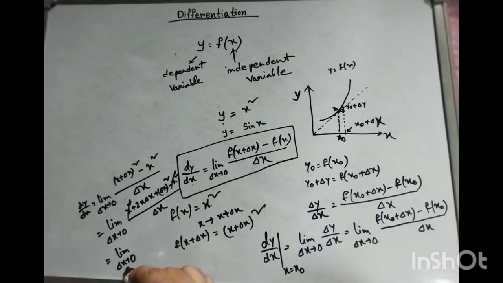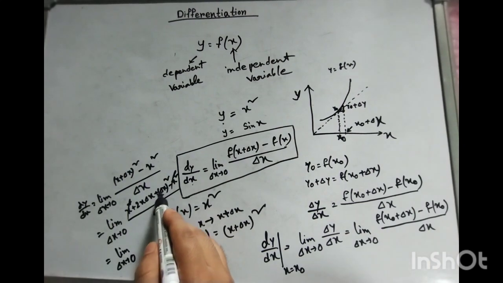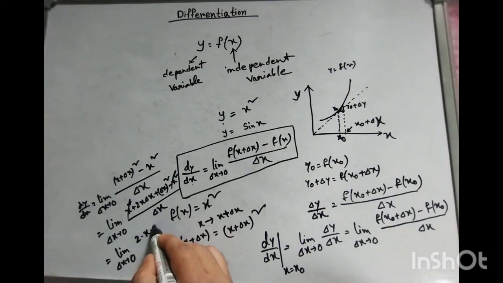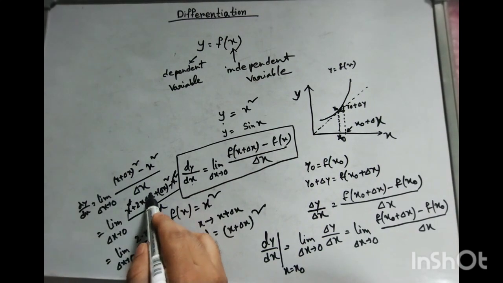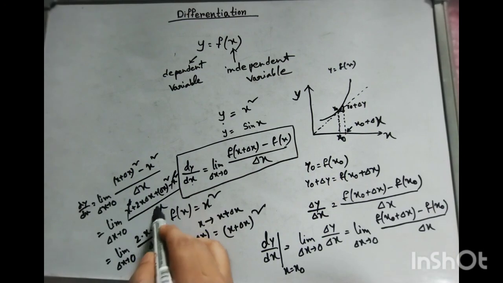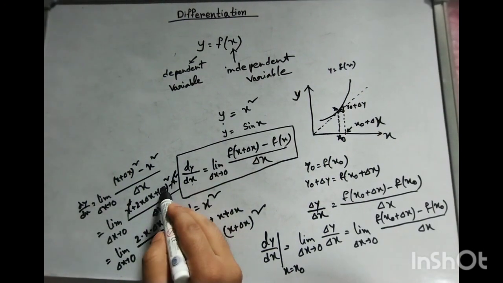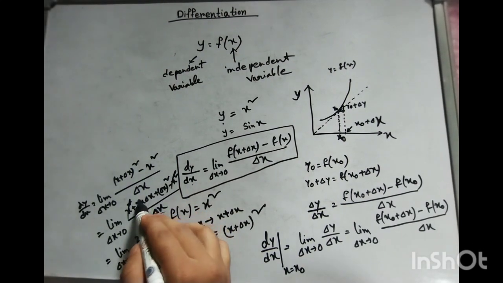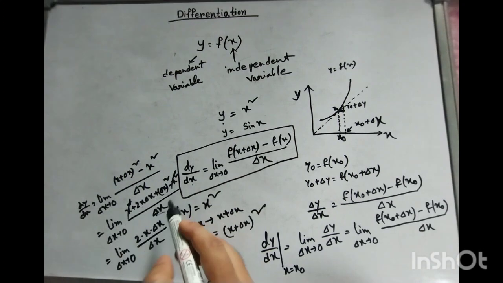As delta x tends to 0, that means very small, so we can neglect this value, or you can set this value as 0, giving 2x into delta x by delta x. But we cannot make this value 0. Why? Because then it will be 0 by 0 and that is undefined. But we can make the other value 0, because 0 plus something means only that something will survive.